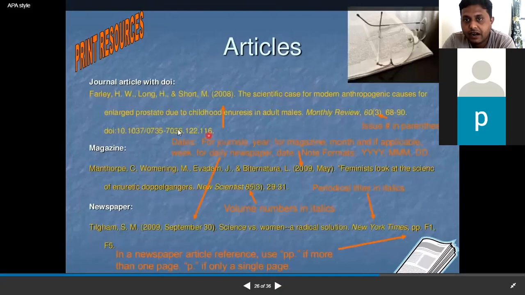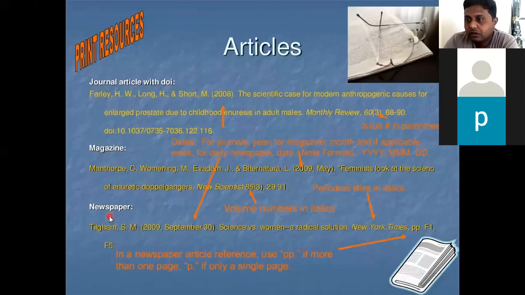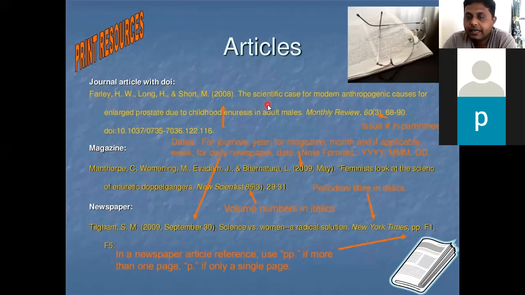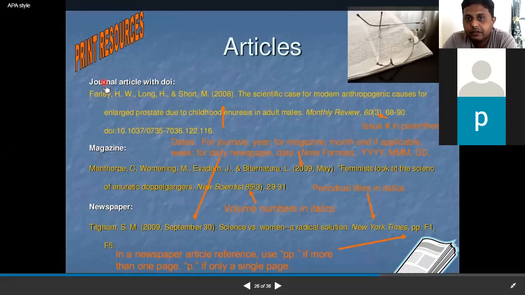See, in the case of articles, the journal article, the magazine, and the newspaper. I would ask you to compare and contrast this slide with the articles slide in MLA that we discussed in our last lecture. For a journal article, the title should not be in italics. The name of the journal is in italics, then the other information as it is.